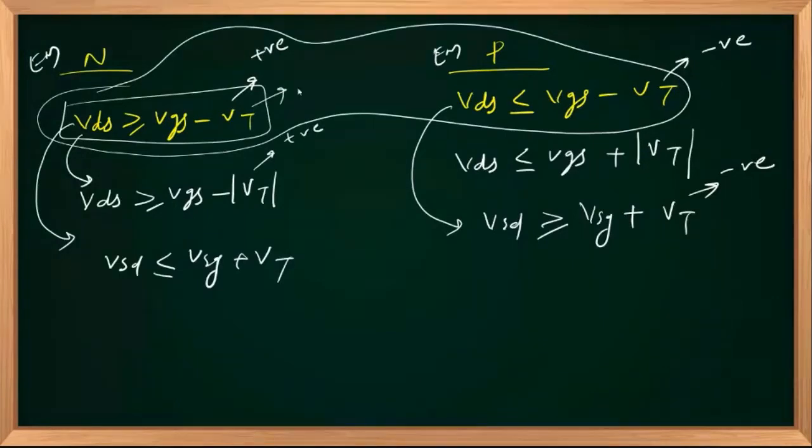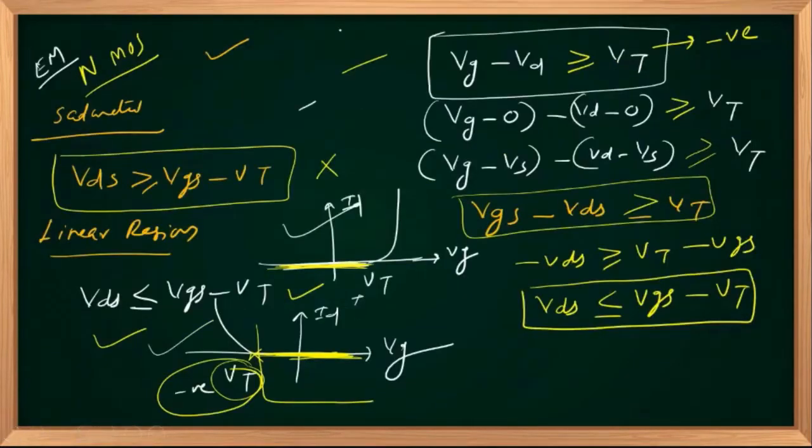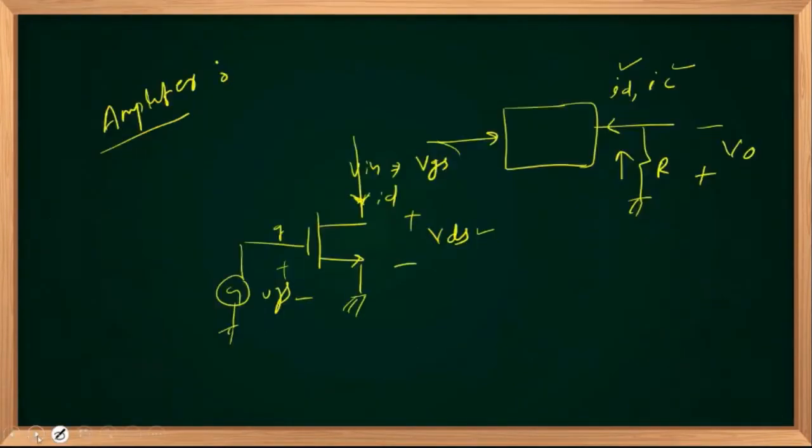And the other inequality you should write for P channel: VDS less than or equal to VGS minus VT, and you should remember that VT is negative. And the same thing can be derived yourself based on the logic we have discussed right now. That's it. Okay, is that okay? Right. So that's about the condition for saturation and linear.